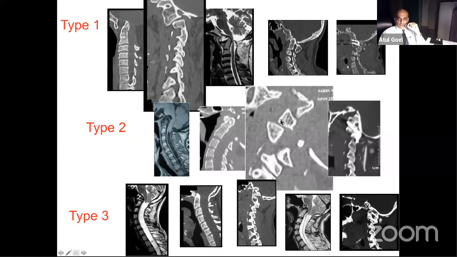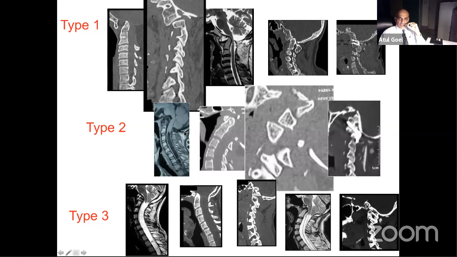Now you see the facet of atlas is behind the facet of axis. And in this basilar invagination, the whole world will do foramen magnum decompression. But it is an unstable spine and it needs atlantoaxial stabilization. It is a difficult operation in this situation, but this is the treatment.